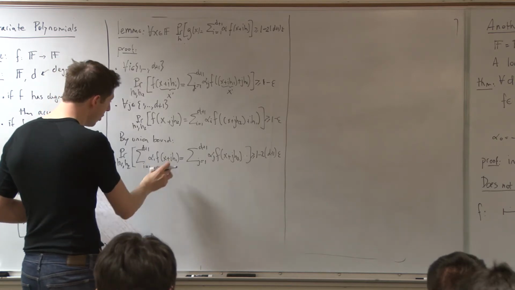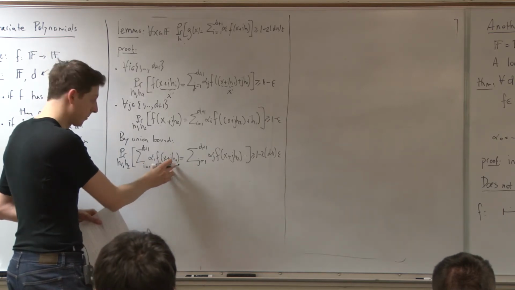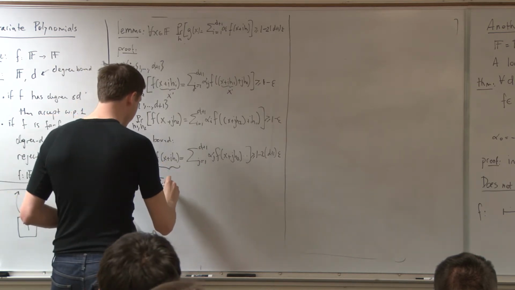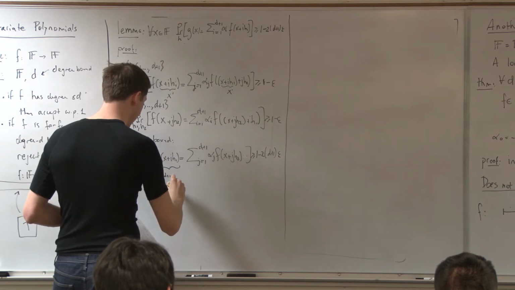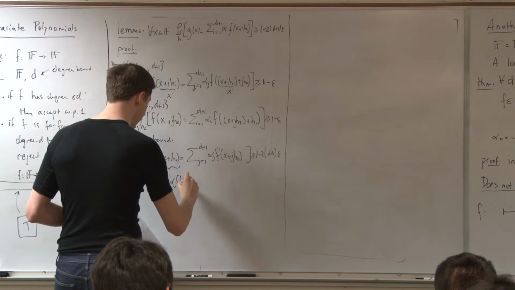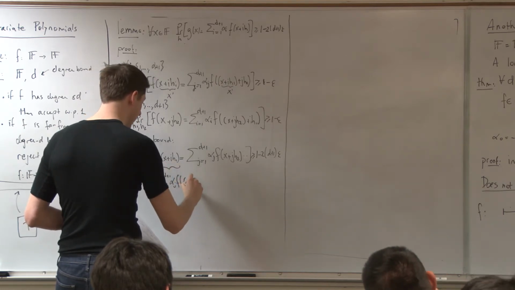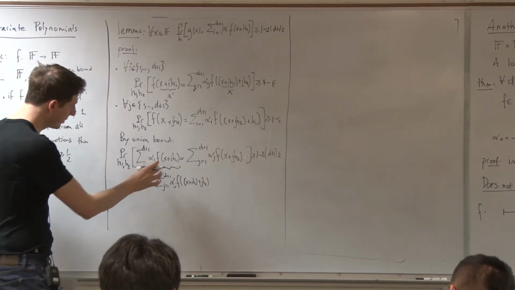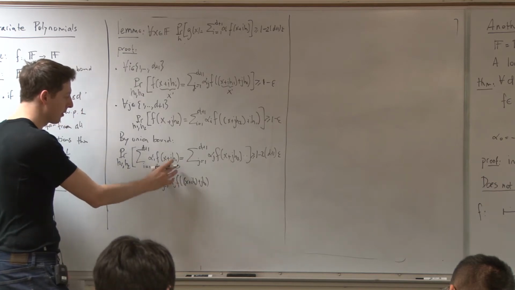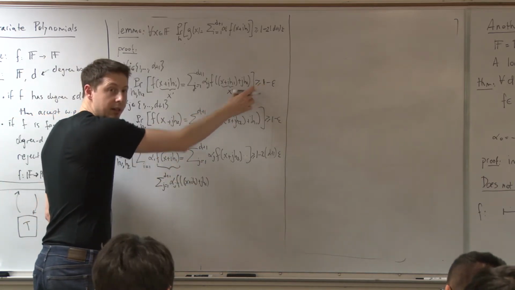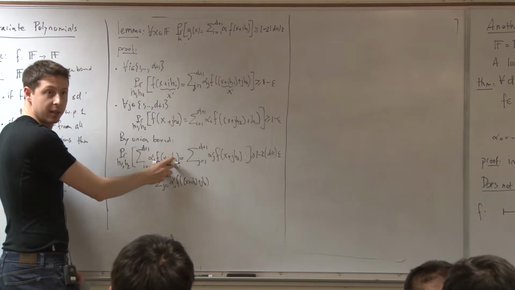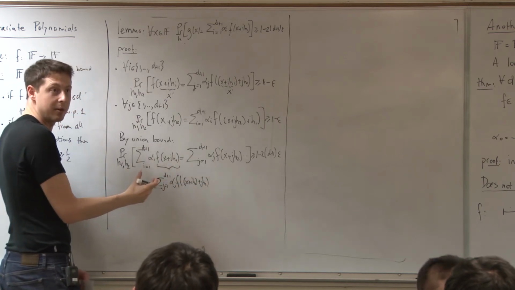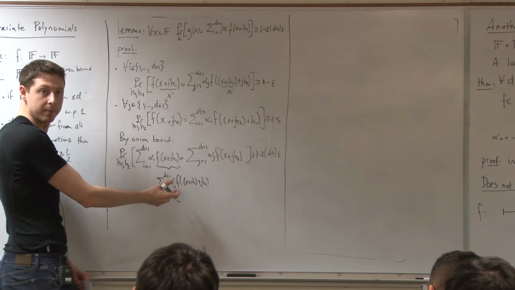One way to argue it is to open up each of these. This one I can write as a sum from j equals 1 to d plus 1 of alpha j f of x plus ih1 plus jh2. But how do I pay for that? I have d plus 1 such things, each holding with probability at least 1 minus epsilon, so I can pay d plus 1 times epsilon to write this.